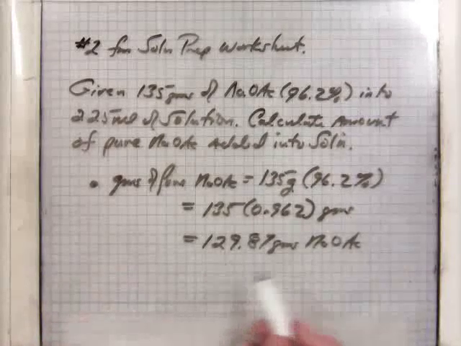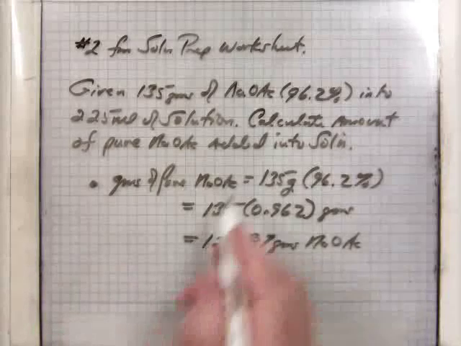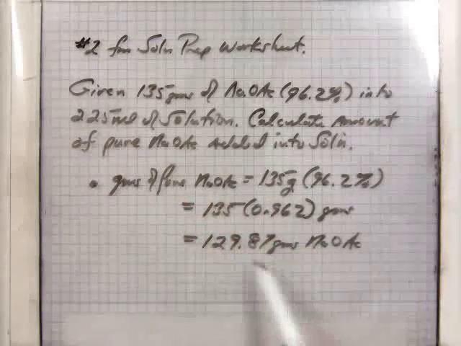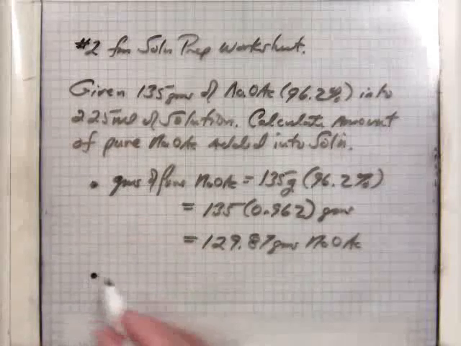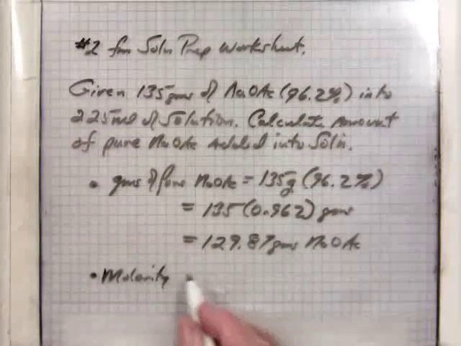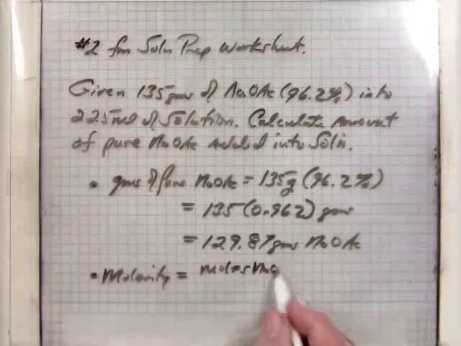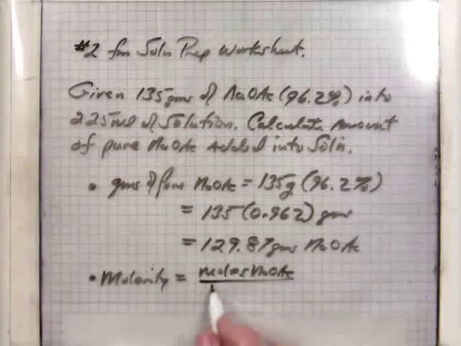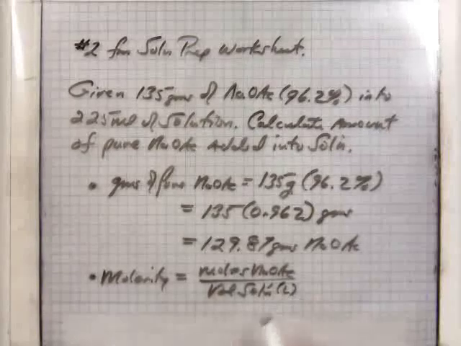And if you wanted to calculate the molarity based on adding that pure amount to 225 mL, you could get the molarity based on the definition, moles NaOAc over volume of solution in liters.